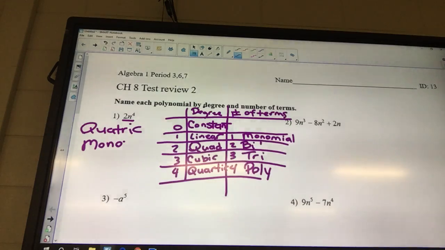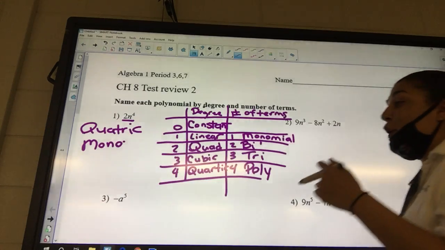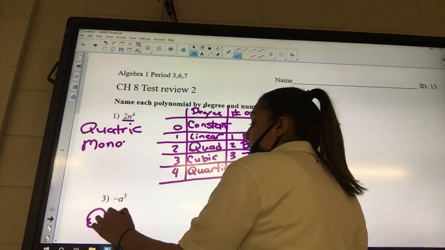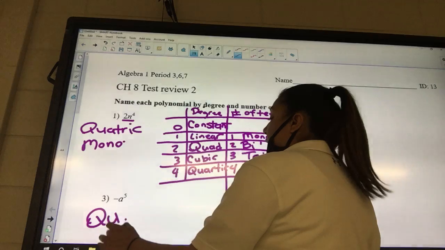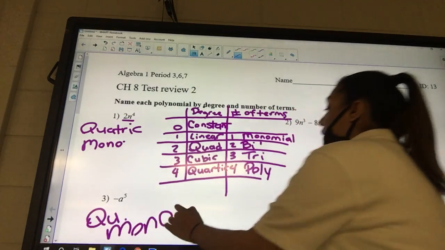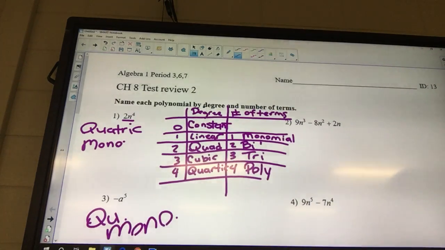Okay, what about the next one? What's the highest exponent? It's 5, so I can't remember what 5 is. Quintic. It's not on our sheet.